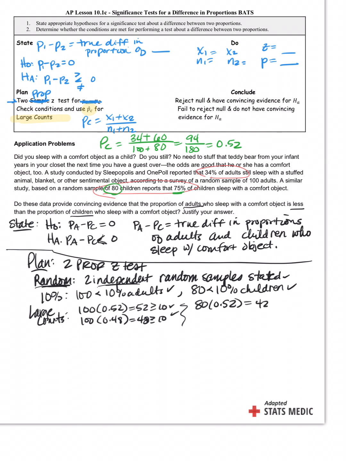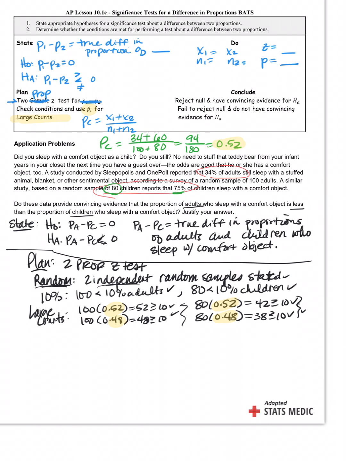That gives me 42, which is greater than or equal to 10. And then 80 times the complement would be 38. So they both pass, so we're good with that. Just want to make sure you catch that. This is where we use that pooled value, okay? That's where we need that pooled value work to show up in our work.